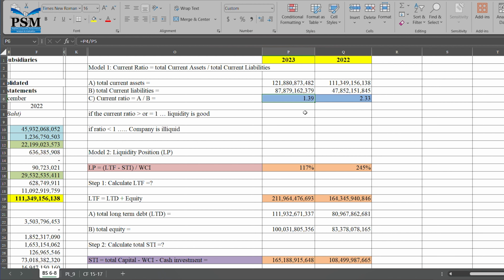What that means is the company, as of December 31, 2022 and 2023, the dates of the balance sheet, was holding a sufficient amount of current assets to cover its current liabilities. So liquidity is good because the ratio is greater than 1, but in 2023 the figure is lower than last year, showing a declining liquidity position of the company.